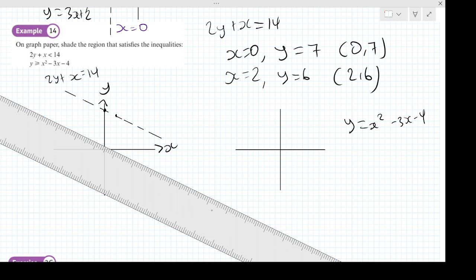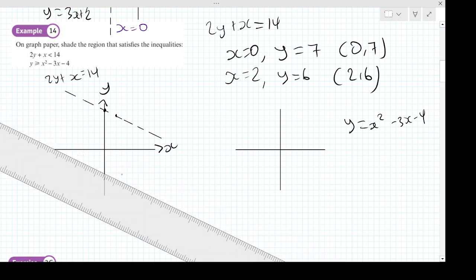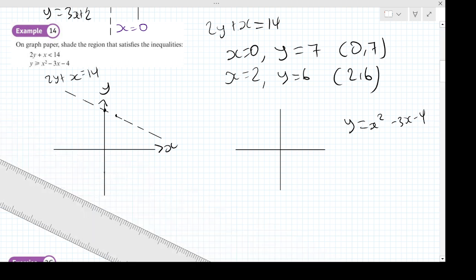So first of all, the y-intercept would be minus 4. When it crosses the y-axis, it'd be minus 4 down here, because that's when x is equal to 0. We could then find the roots. Remember, the calculator will have a quadratic solver, so you just use that very quickly to get the roots.